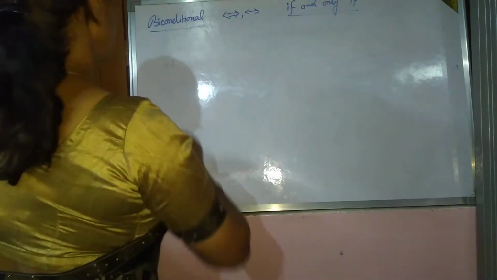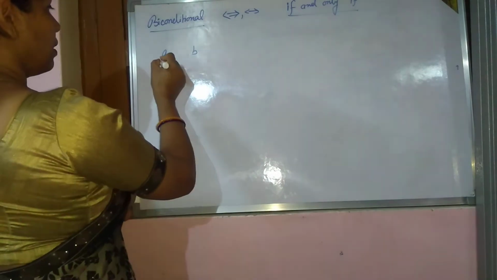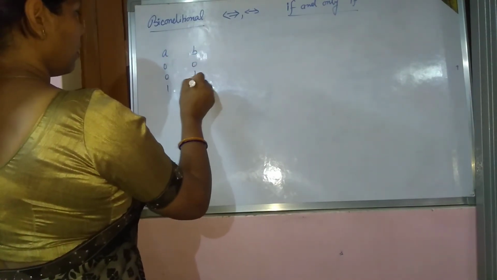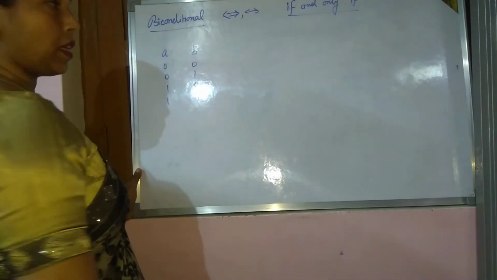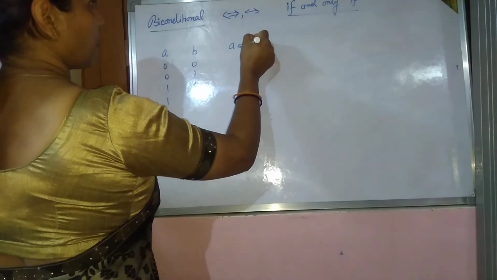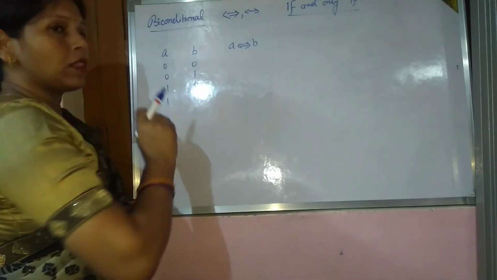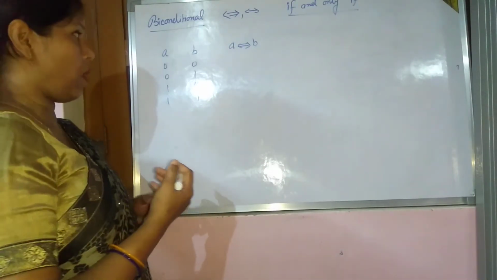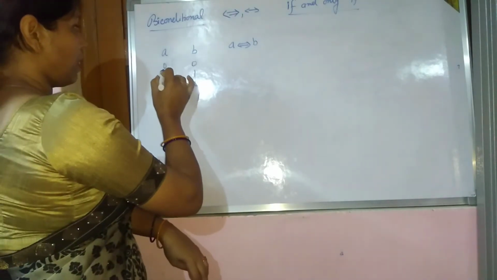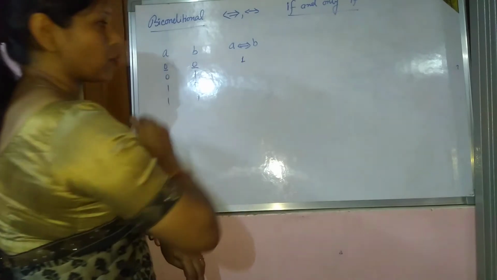Suppose you have two propositions A and B. You have to write the combinations of A and B. This is the combination. Now you have to find A equivalence B. Here, if all the corresponding statements are the same, here A is 0 and B is 0, then the result is true.